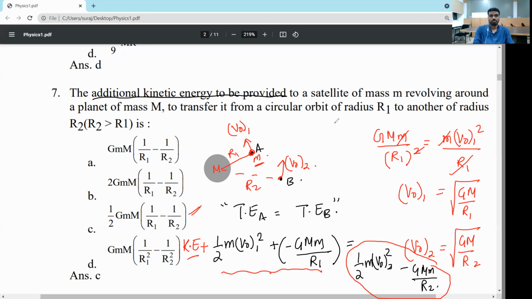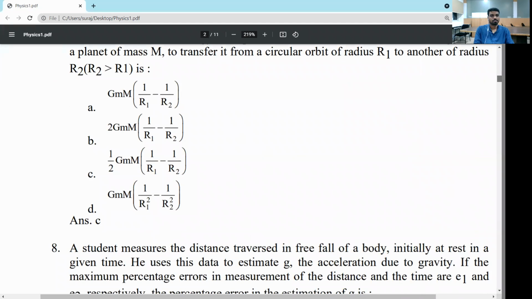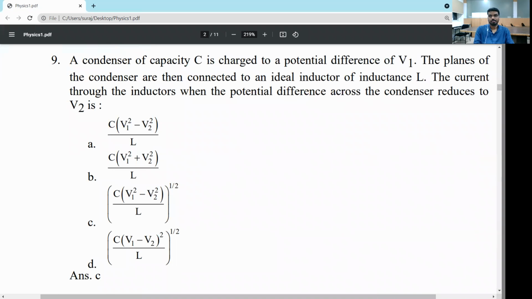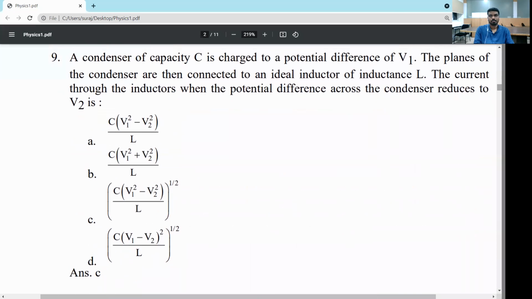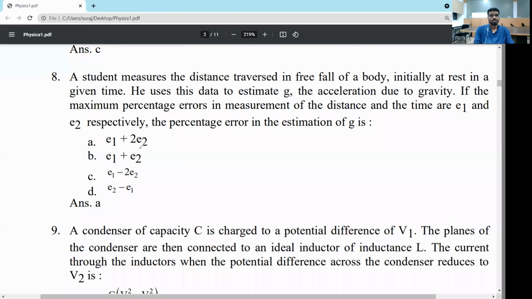Okay. Next, coming to question number 8. A student measures the distance traveled in free fall of a body initially at rest in a given time.